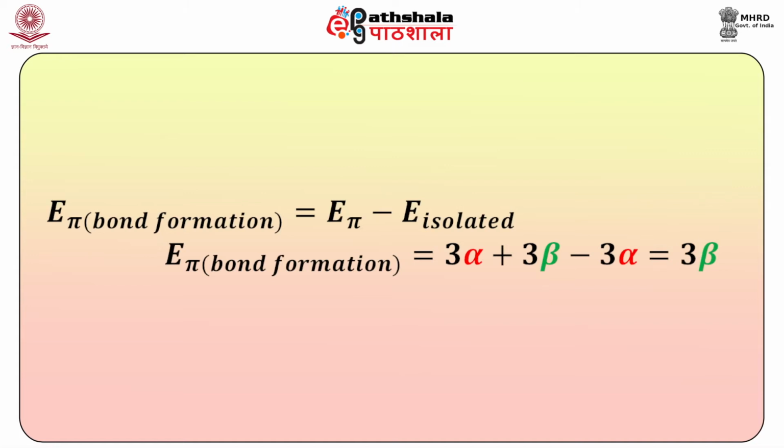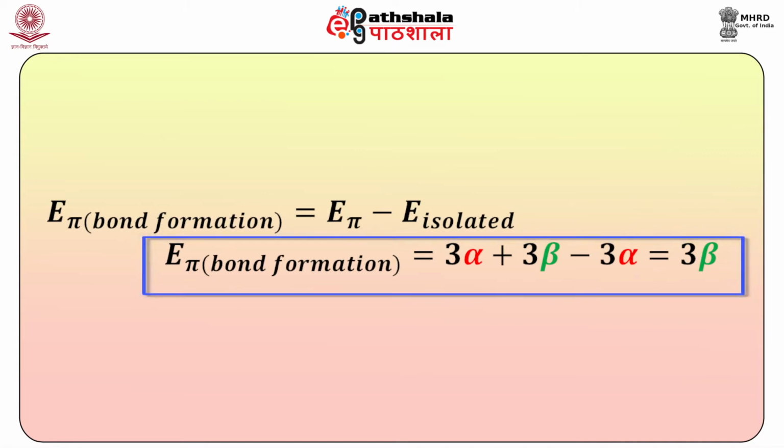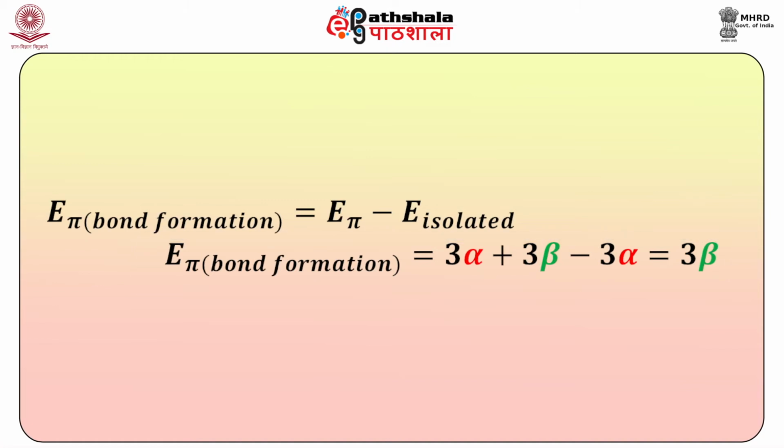Therefore, the corresponding value of the pi bond formation energy becomes 3 alpha plus 3 beta minus 3 alpha, and that comes out to be equal to 3 beta. And therefore one can say that the pi bond formation energy of cyclopropenyl radical is 3 beta.